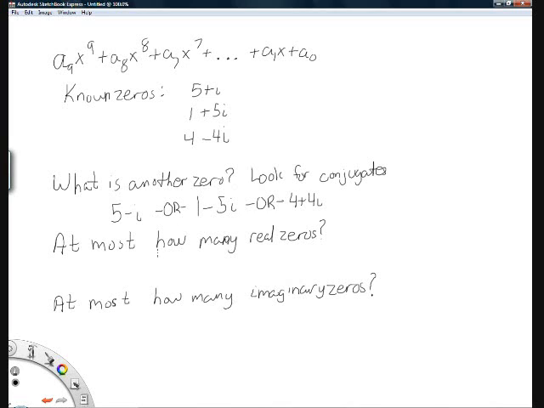So the next question is, how many real zeros could there possibly be? Well, first of all, the total number of zeros for this one is going to be 9, because it has degree 9. So there's 9 total zeros.